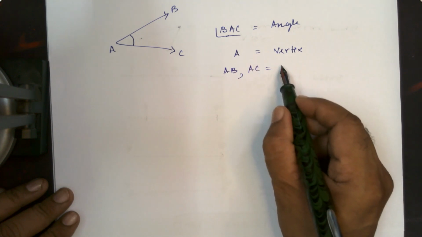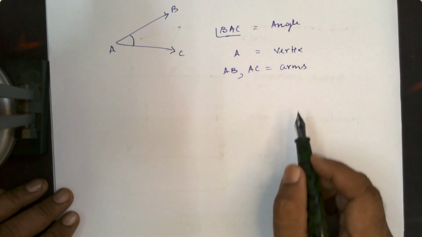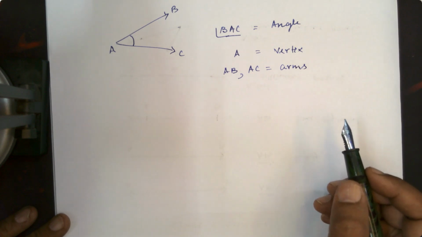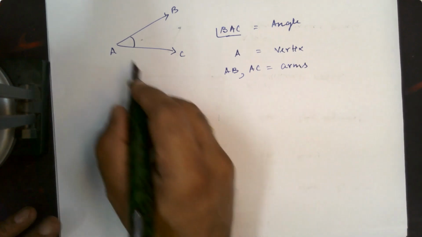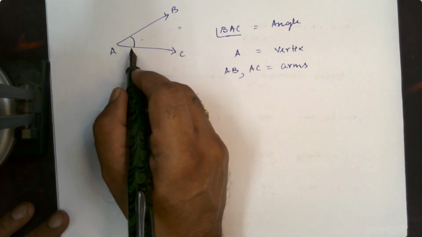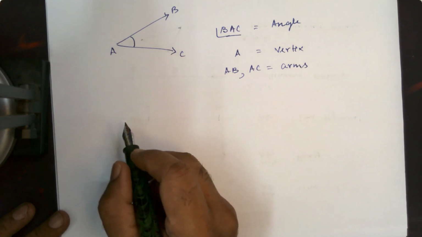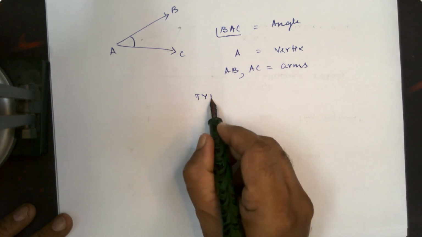They are called arms of the angle. So based on the measure of angle, we can classify the angle. Let us call it types of angle.